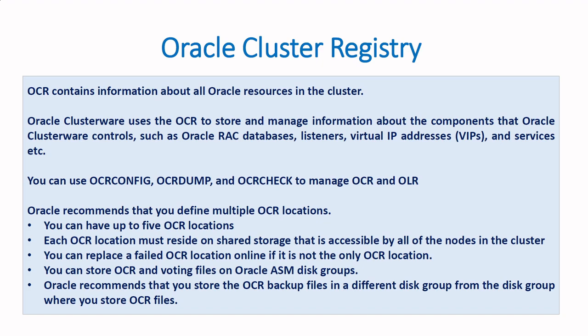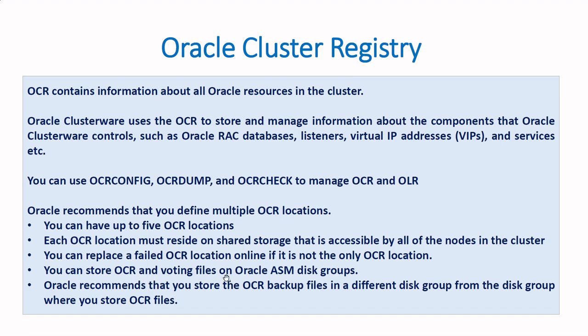You can store OCR and voting files on Oracle ASM disk groups. The OCR and voting files can be on the Oracle ASM disk groups, and the backup of OCR is an automated backup that Oracle automatically takes.